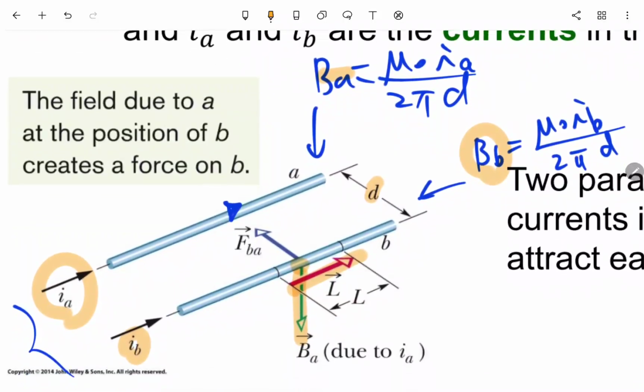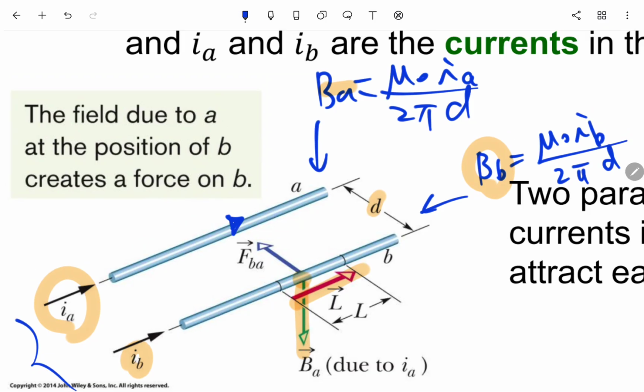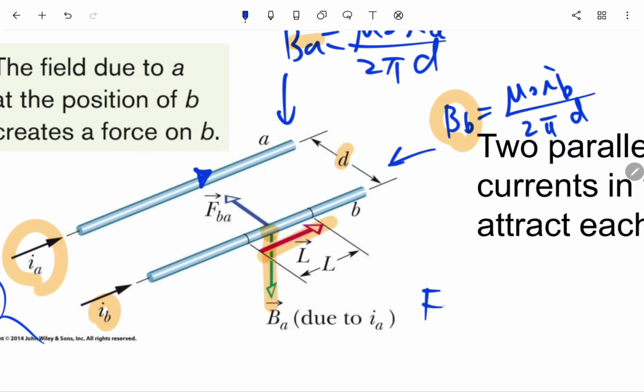So here, we can also determine the direction of the force by the right hand rule. If you still remember, FBA is actually IB L cross BA.